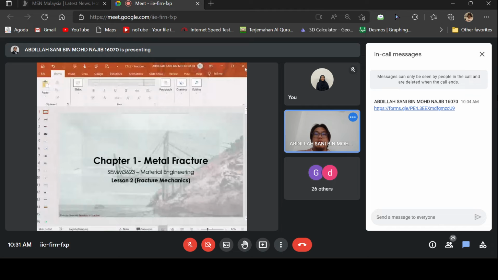Introduction: brittle fracture in normally ductile materials happens more than we expect. Just now we discussed that we favor ductile fracture.